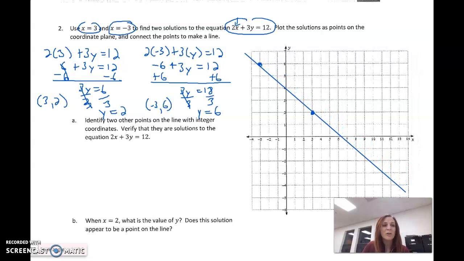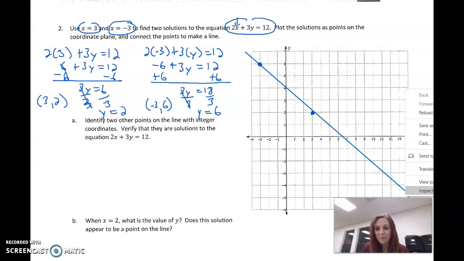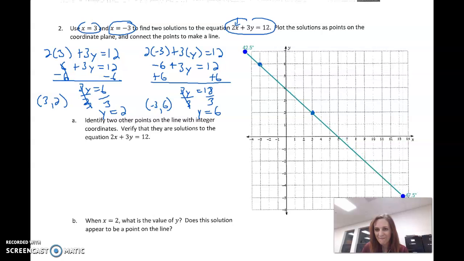Okay, and again, we draw a nice long line because I want to be able to find points without messing things up. All right. So identify two other points in the line. You know what? I'm just going to do one because you guys get the idea.